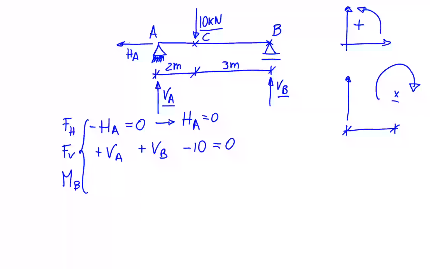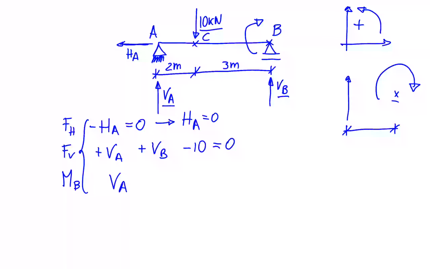HA goes through point B, so it doesn't cause any rotation around B, meaning the distance between the force HA and point B is 0, so it doesn't really matter for now. VA, on the contrary, makes this rotate like this.